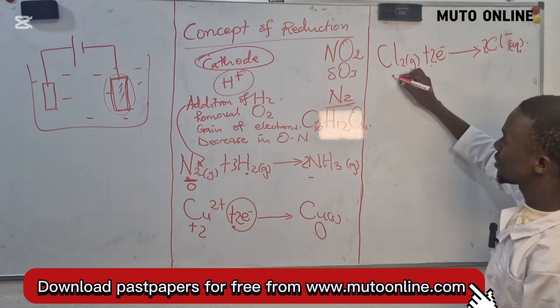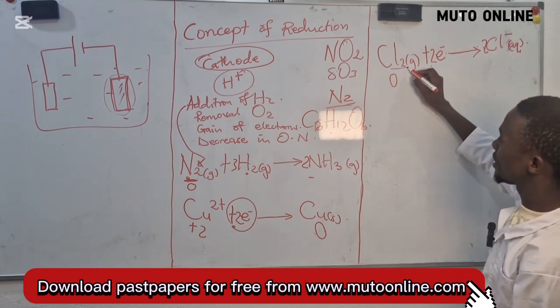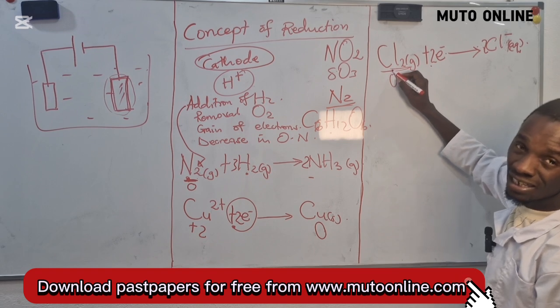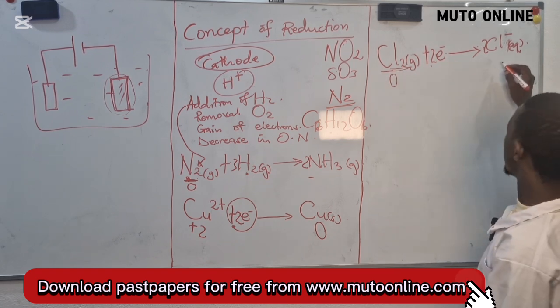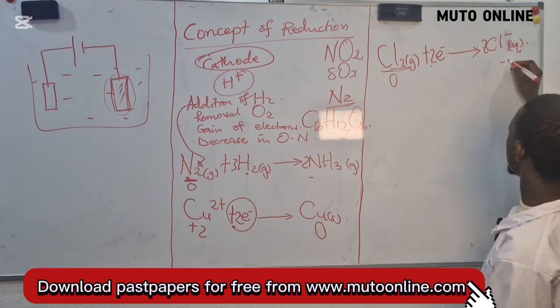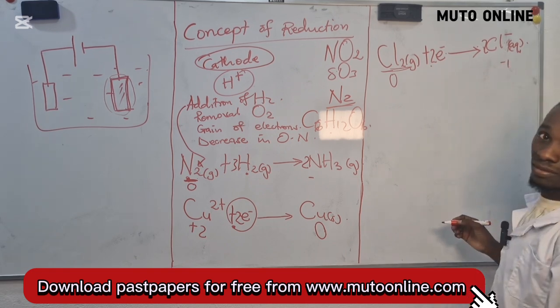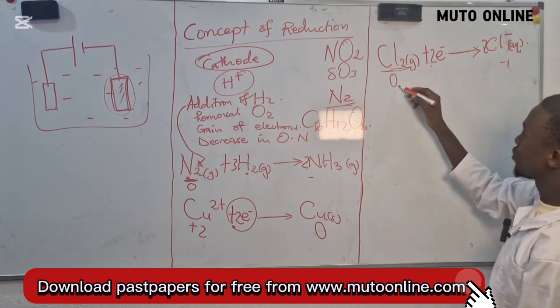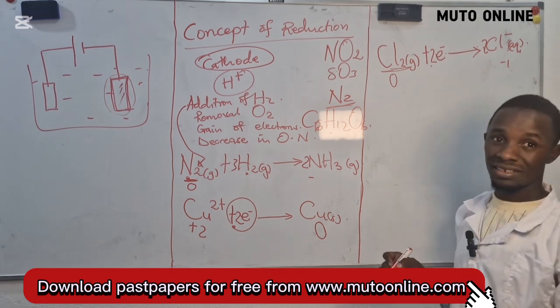This one has an oxidation state of 0 because it's not in its combined state, neither is it an ion, but this one has an oxidation state of -1. So 0 is bigger than -1.